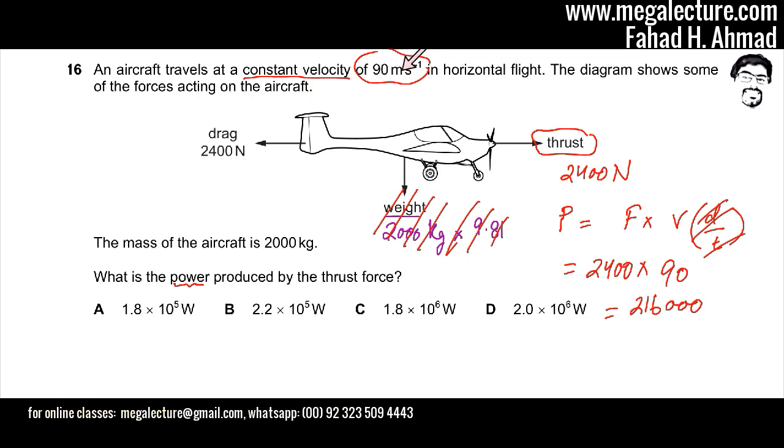There's nothing after the decimal, which means you're not sure what the accuracy is. So it's up to 2 significant figures. So I'm going to round that off to 22 with 4 zeros. So that's 2.2 into 10 to the power 5 watts. That is the power that is generated by the thrust over here.